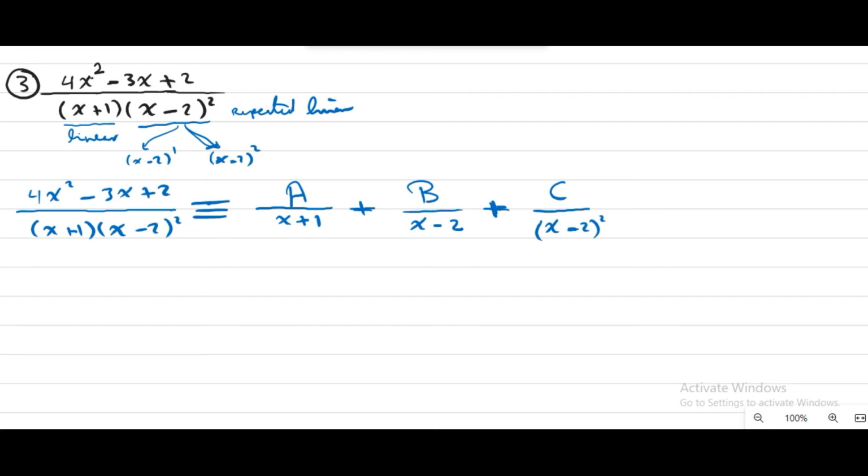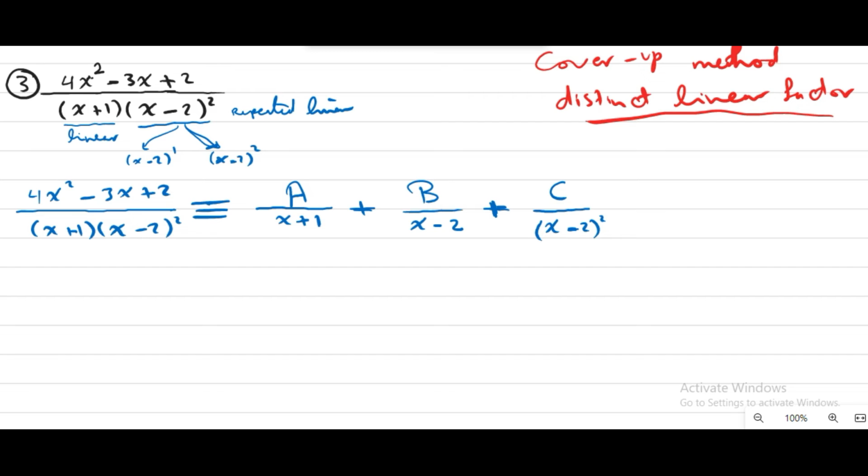As we said, cover-up method works with only distinct linear factor. So this factor is linear, distinct linear, so we'll use cover-up method here.